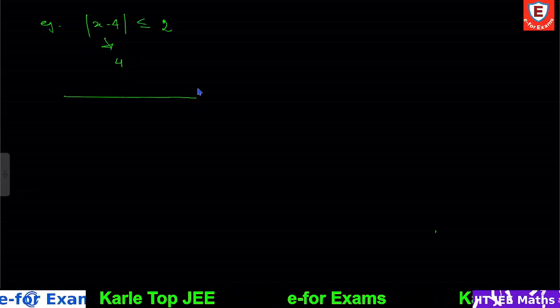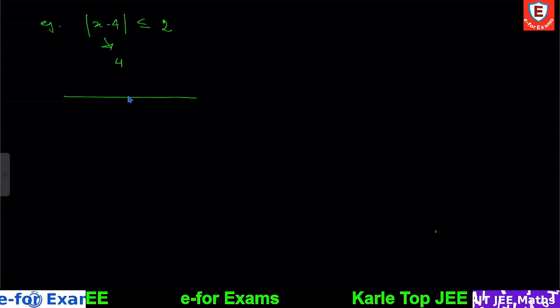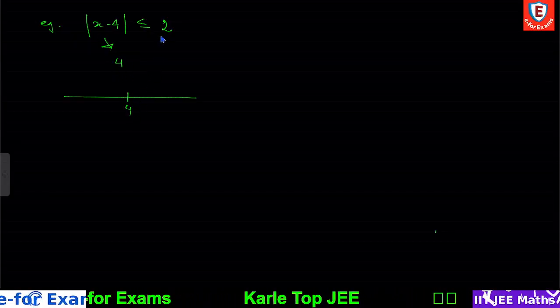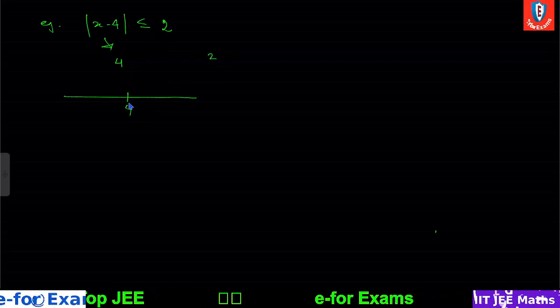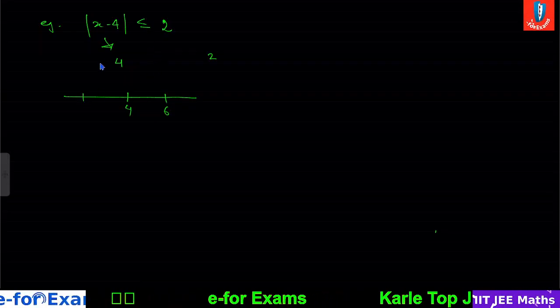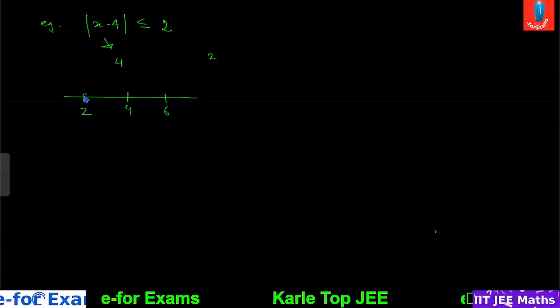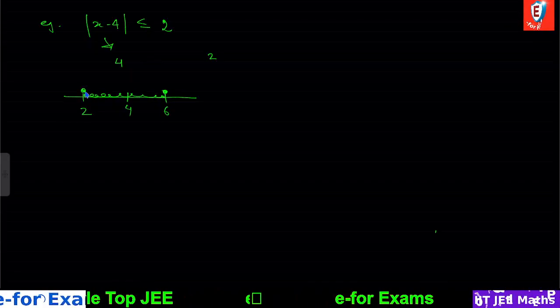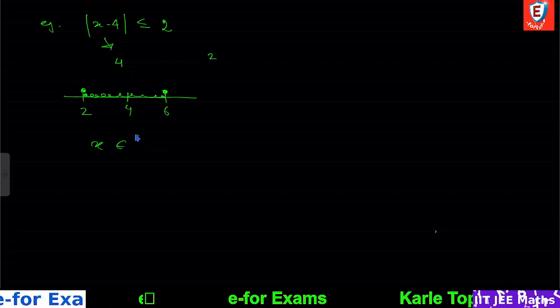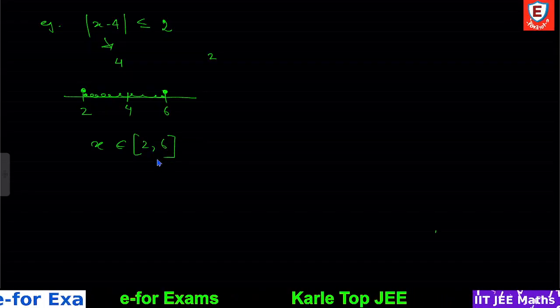So on the number line, the critical point is 4. Mod less than or equal to 2, so it will be 4 plus 2, which is 6, and 4 minus 2, which is 2. The answer will be somewhere in between, including 6 and 2. x belongs to [2, 6].